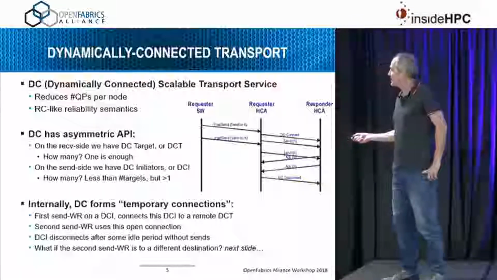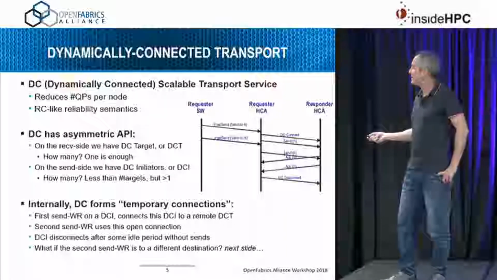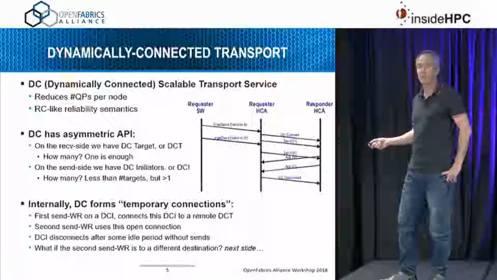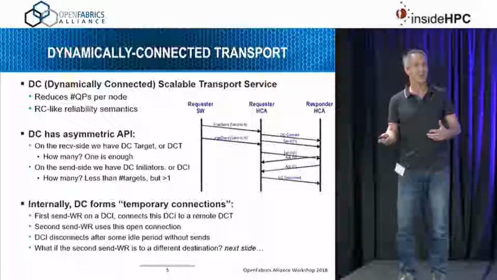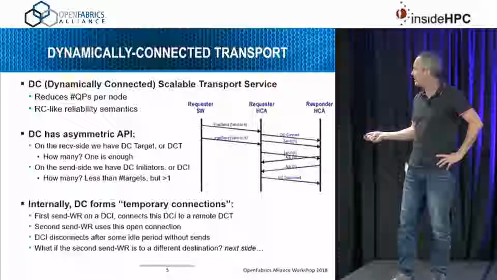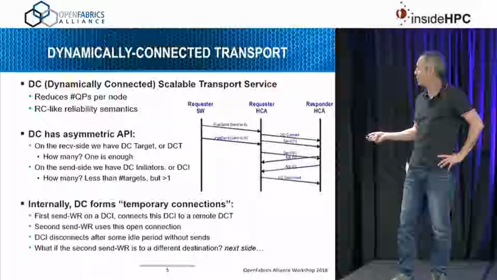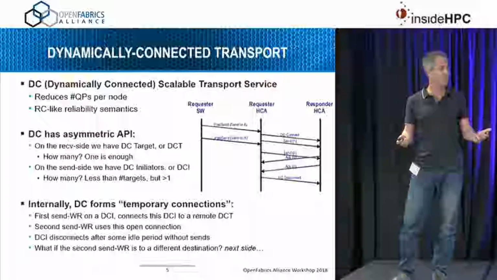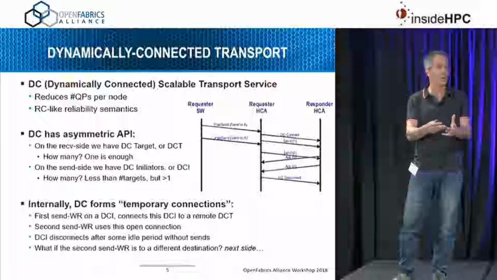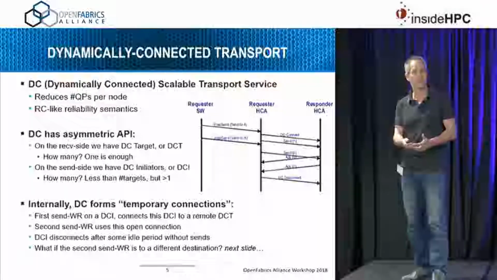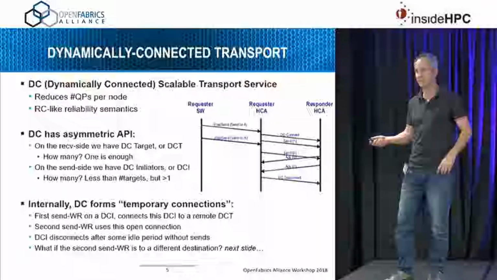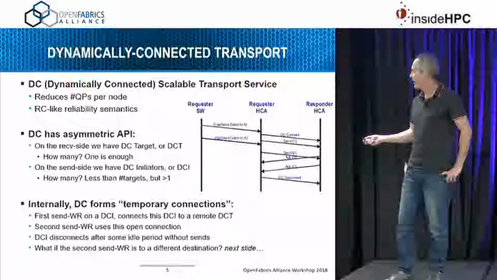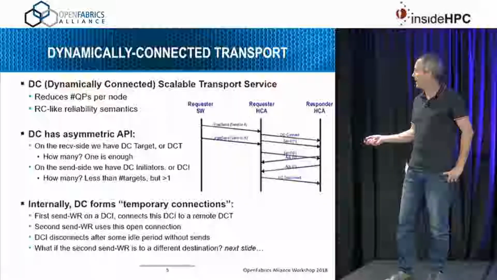On the receive side, this API, first of all, is not symmetric. It's an asymmetric API. On the receive, we expose what we call a target. One is enough. It can receive from multiple destinations, not at once, so we want to be able to have multiple underlying resources for the DCT. On the send side, the DC initiator: how many?